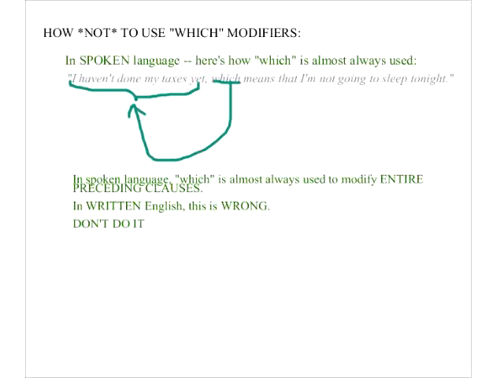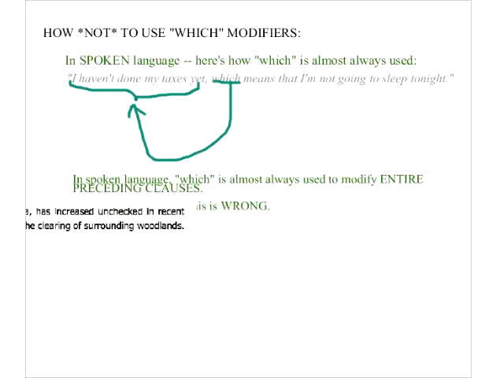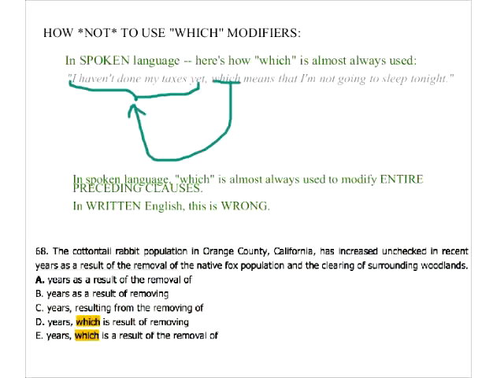It doesn't make it correct, it just makes it a very frequent incorrect answer. Let me go ahead and dig up a few examples of this. Here's a GMAT prep problem. I'm just going to throw one onto the board. It'll appear on your screen in a second. Okay, this is from GMAT prep. Notice choices D and E.